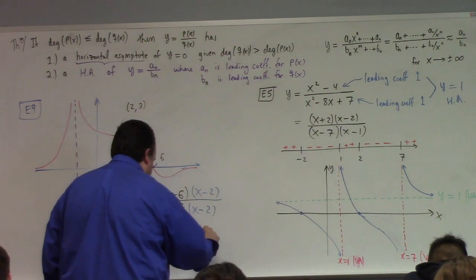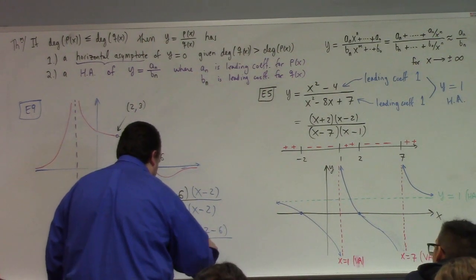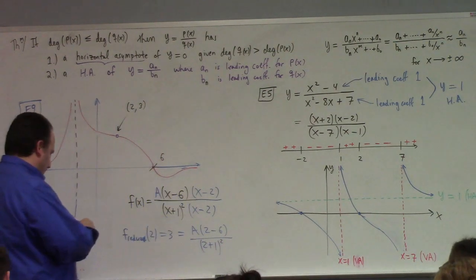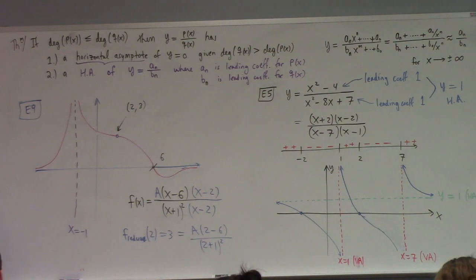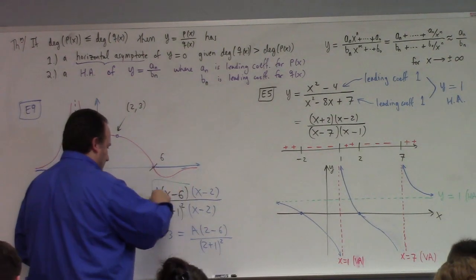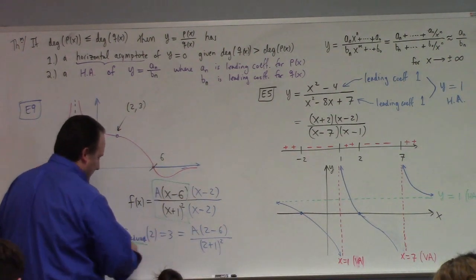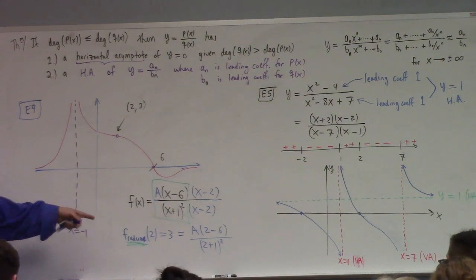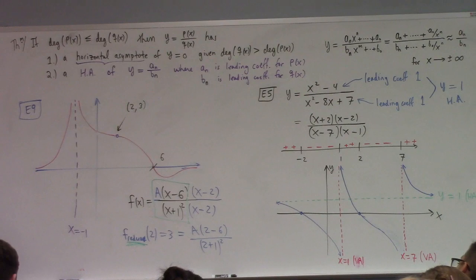Well, it's a times (2 minus 6) over (2 plus 1) squared. The reduced function, I'll bubble it in green, is this piece right here. And so then I can just solve that and pick out the a that I want, and there you go.